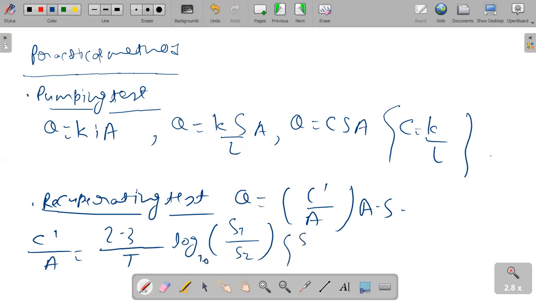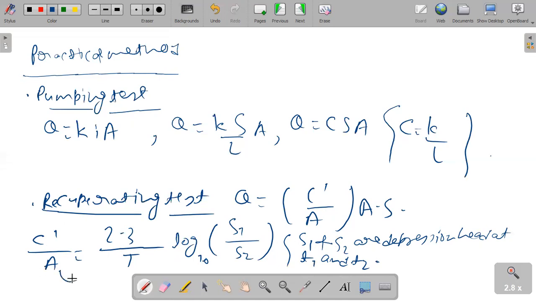What are S1 and S2? Basically, S1 and S2 are the depression heads at T1 and T2 respectively.